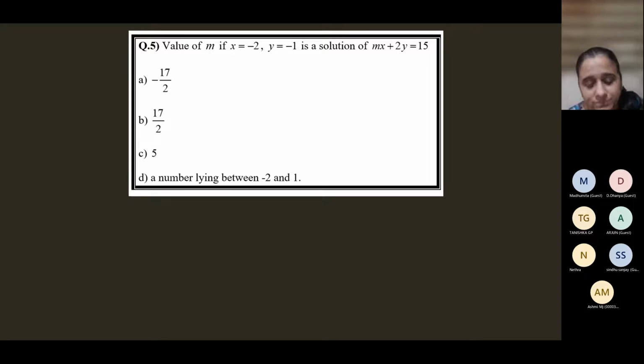What is the value of m? A, ma'am. All right. So x is 2, so m into the value of x is minus 2.